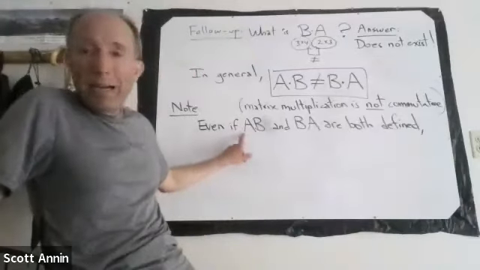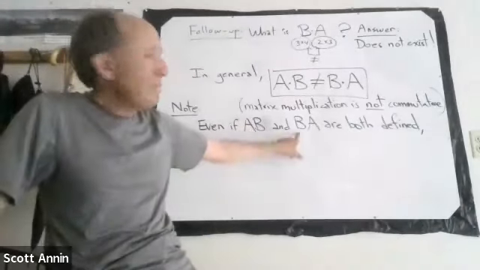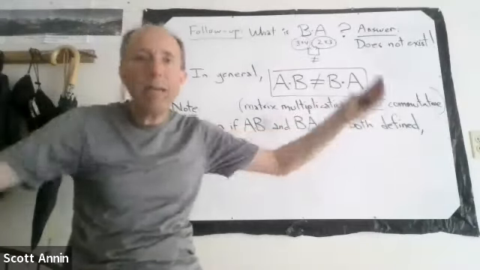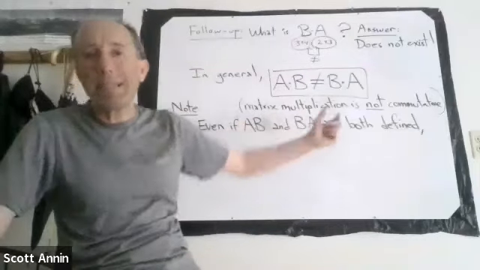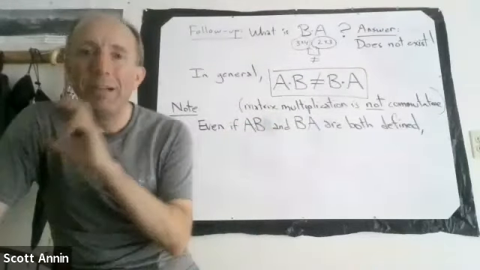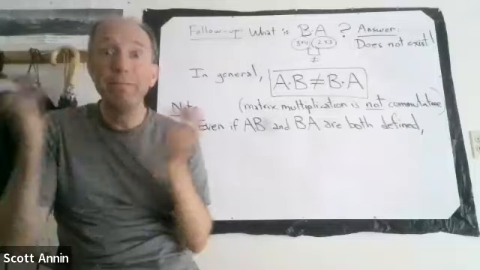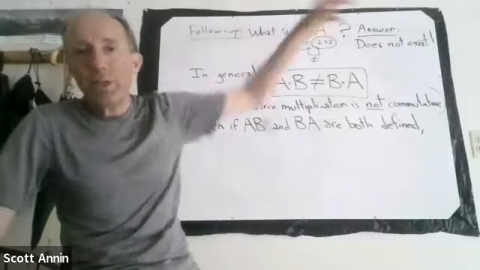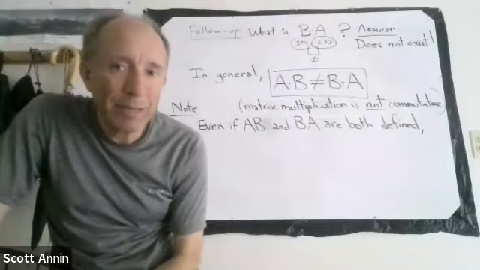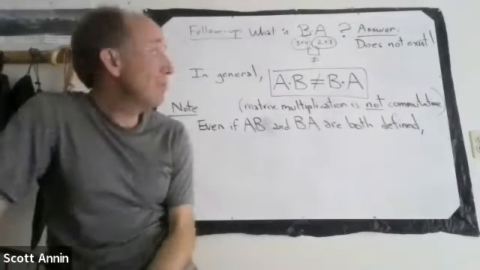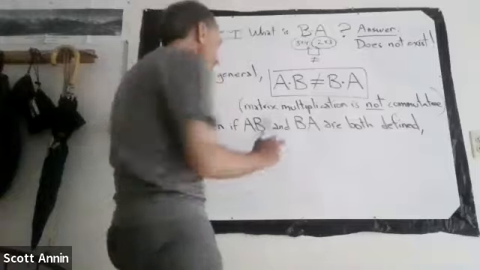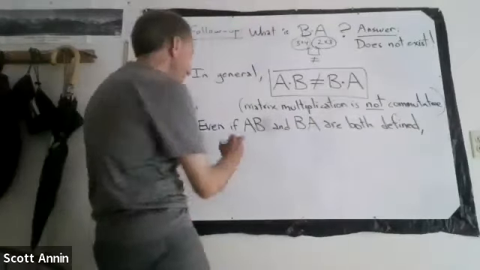If A was 3 by 3 and B was 3 by 3, we'd have no problem with doing multiplication of both calculations here. It would all be legit. We wouldn't run into some kind of a contradiction like we had on that last example. But even so, it is usually not true that AB and BA are the same.